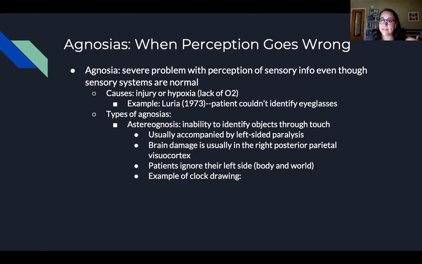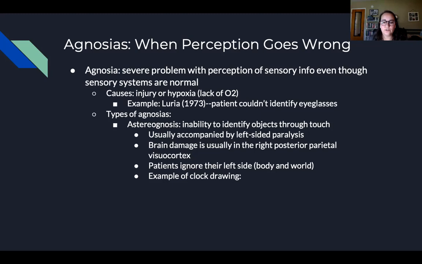And at that point, he then guessed that he was looking at a bicycle. So he was able to see the details of this object, right? But he wasn't able to zoom out and have an understanding of it as a whole. He wasn't able to make sense out of its small parts, or at least not accurate sense, right? He was like, that's a bike. And it clearly wasn't.